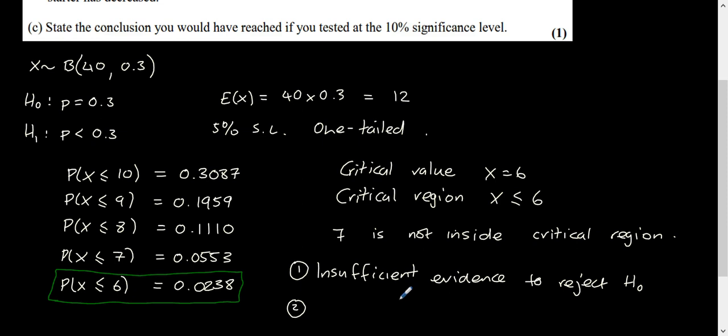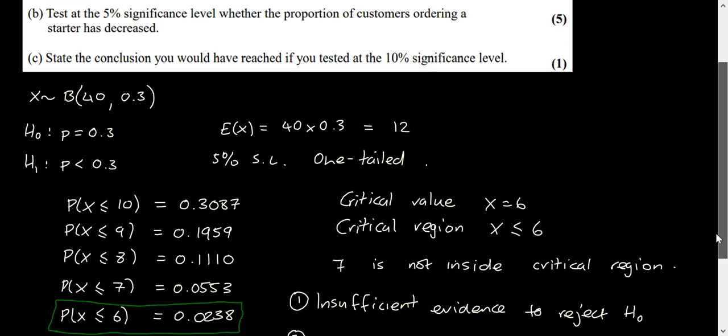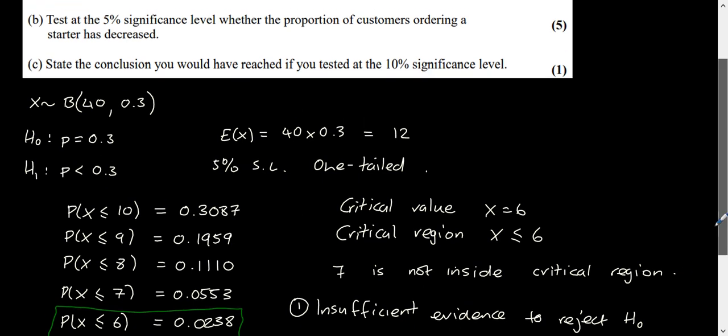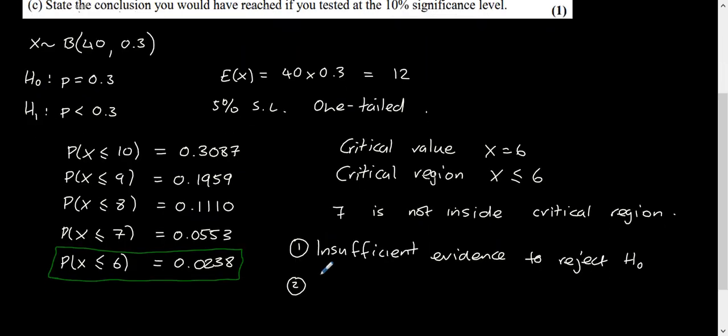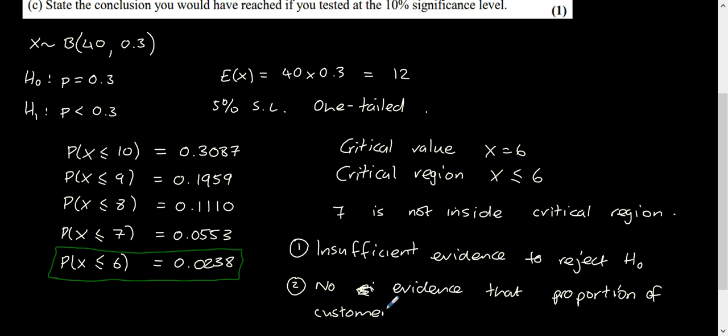And part 2, we're going to put the claim, the answer, in terms of the context. And we're going to say no evidence that the proportion of customers who ordered a starter. Now don't skimp out on this. You need to write out the full conclusion.